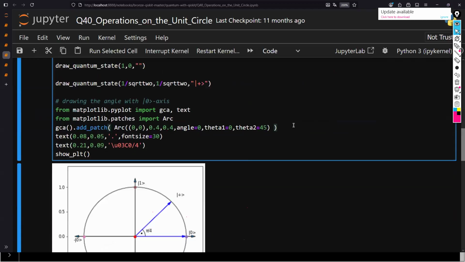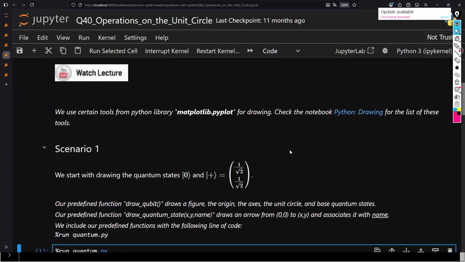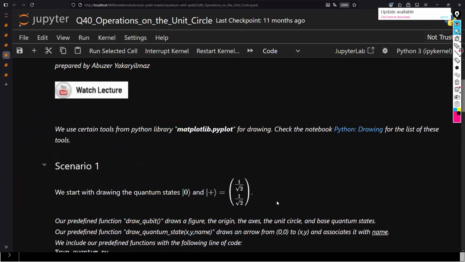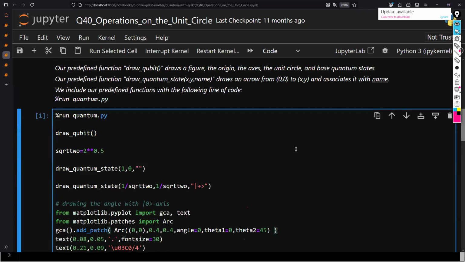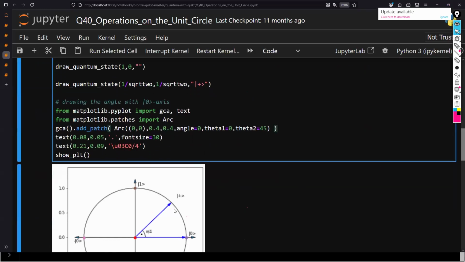And now let's draw a couple of these states and the transitions on that unit circle, on that representation.